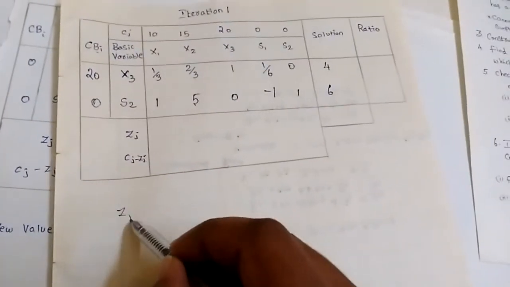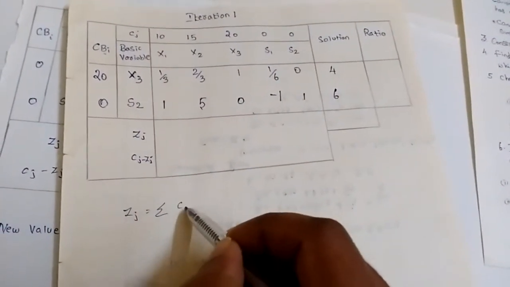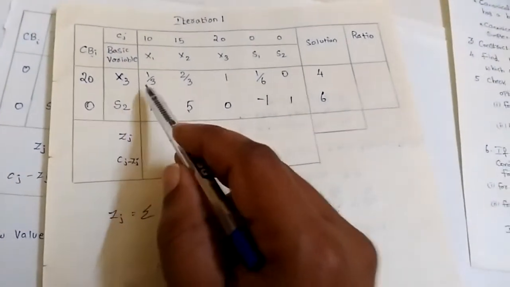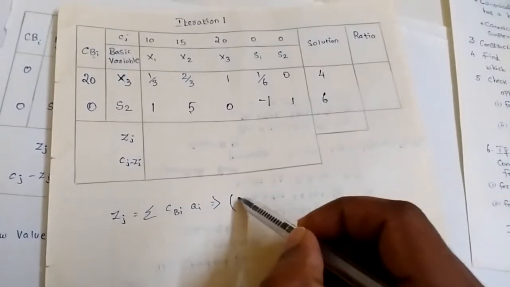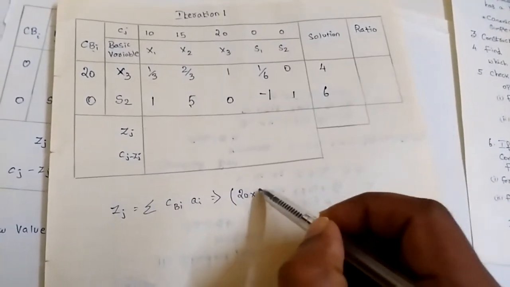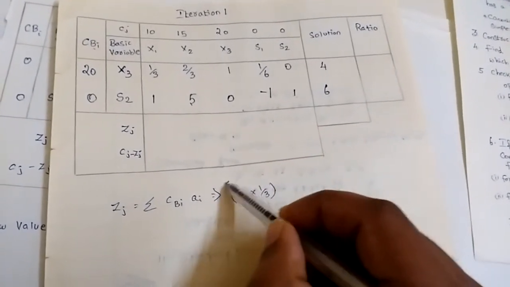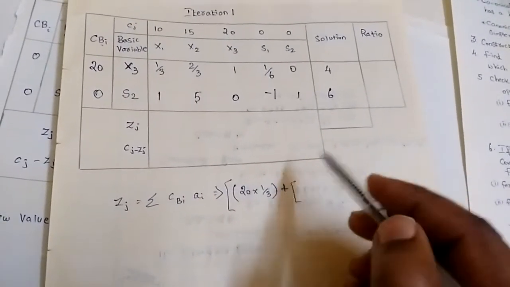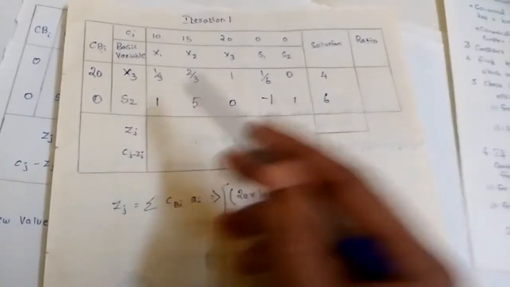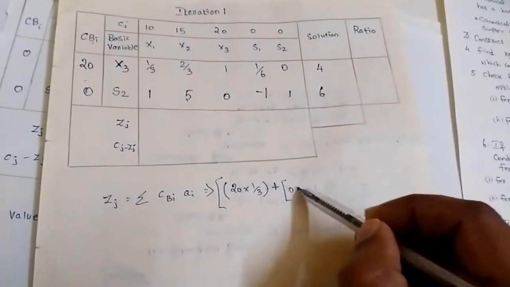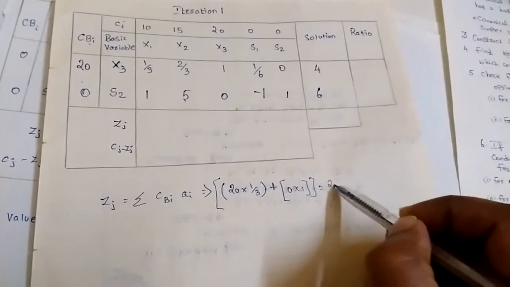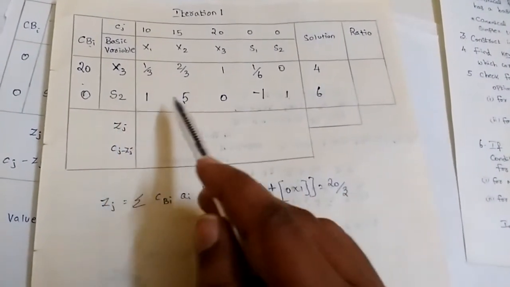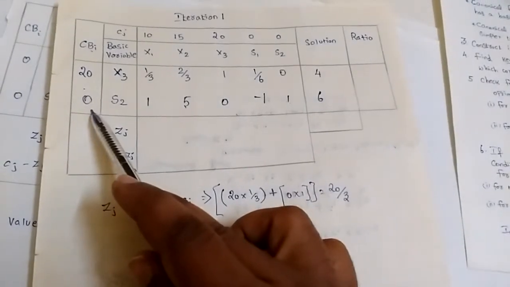Now what is zj? It's a summation of cb and ai. Very simple. Come here, zj value is 20 into 1 by 3 for the first z value, plus 0 into 1, that's all, which will come to 20 by 3. For the second row everything will be 0 because of 0.